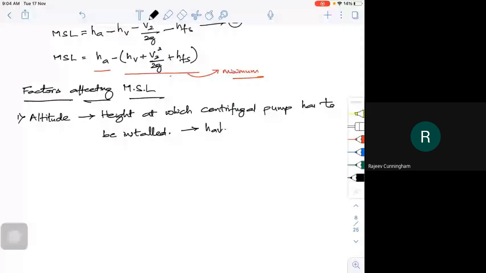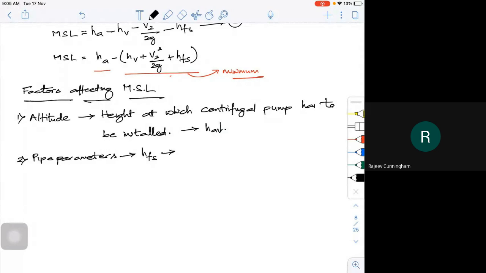Second parameter. If I use a smooth plastic PVC pipe, or some kind of metal pipe, the properties are different. So the pipe parameters have a major impact on your suction friction, that is HFS. What are those?